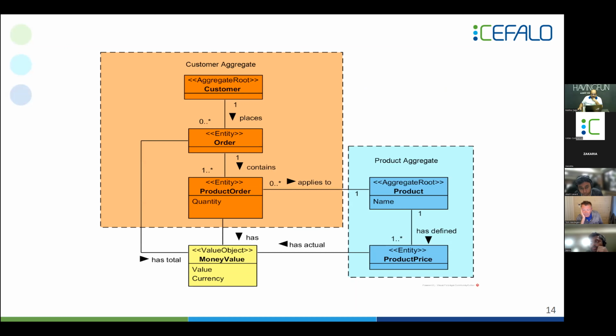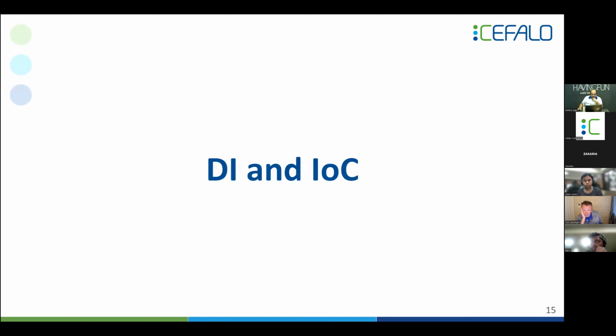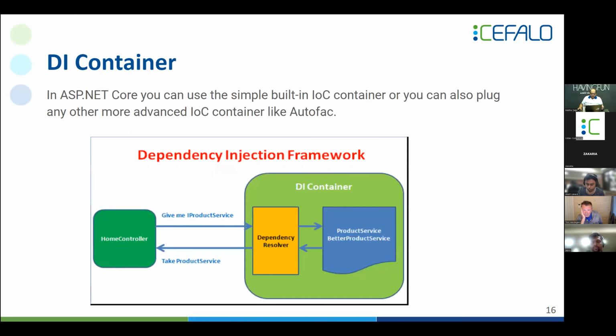Okay, so that's pretty much about aggregates. Now DI and IOC. DI is dependency injection, with the DI container. In .NET, starting from .NET Core, we have the DI container. There is a built-in IOC container in .NET, and you can also use more advanced IOC containers like Autofac.